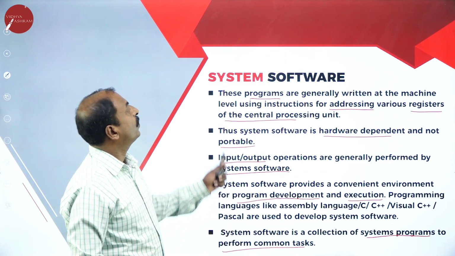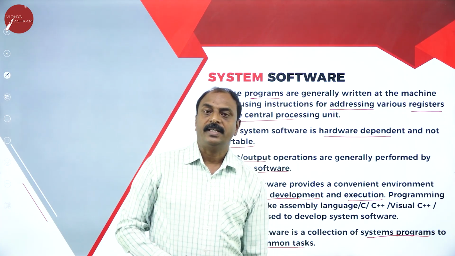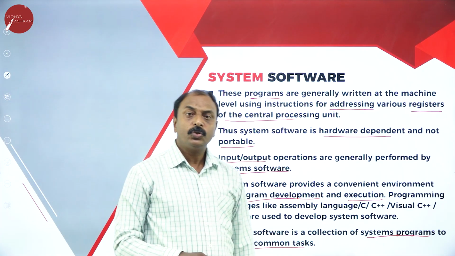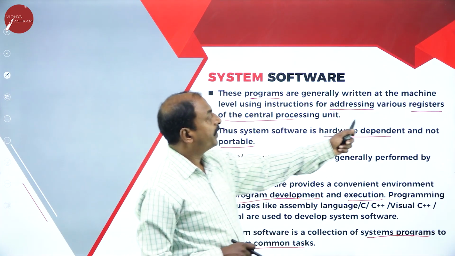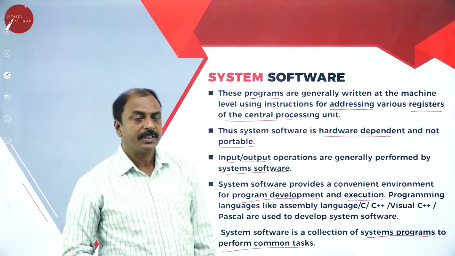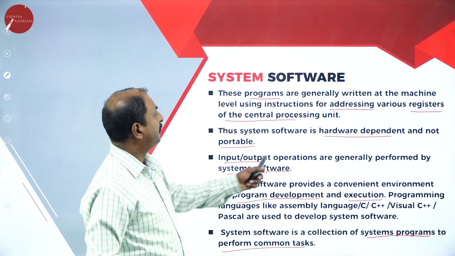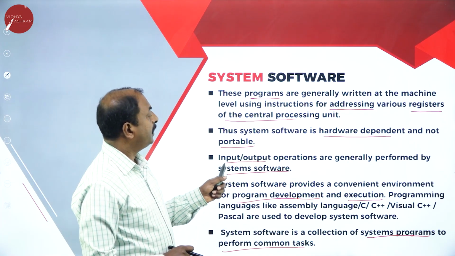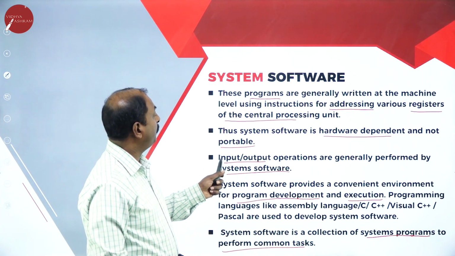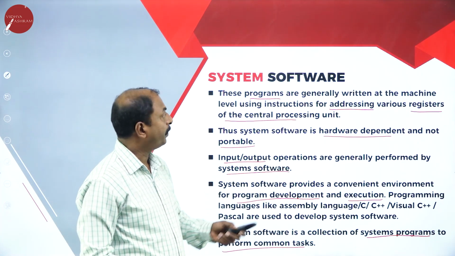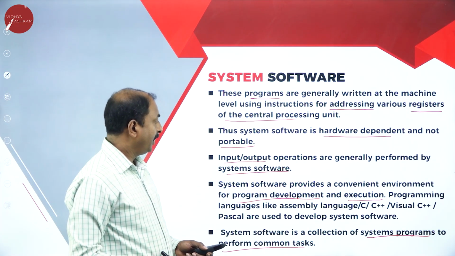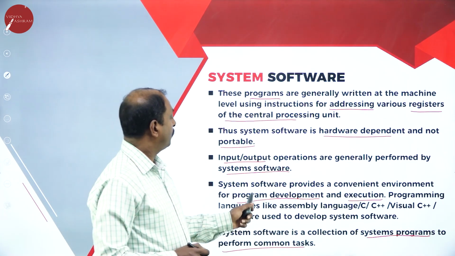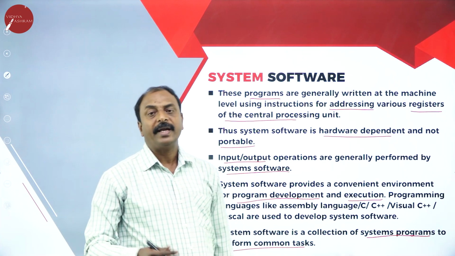So, generally, what is system software? System software is software which is written or used to address different hardware components of a computer system. It is hardware dependent and not portable. Operations like input and output are carried out by system software, and it provides a platform for program development and program execution.